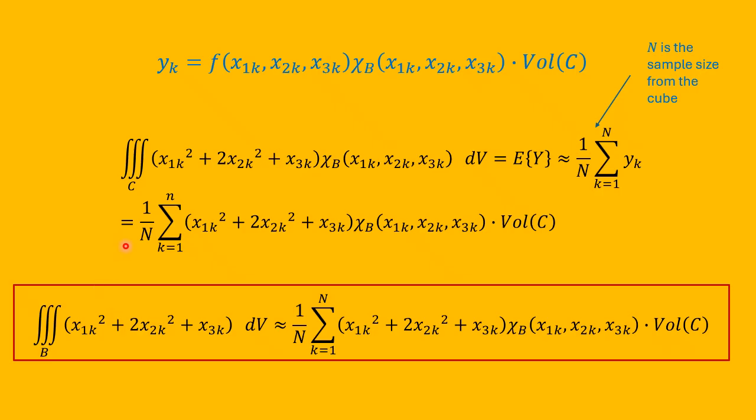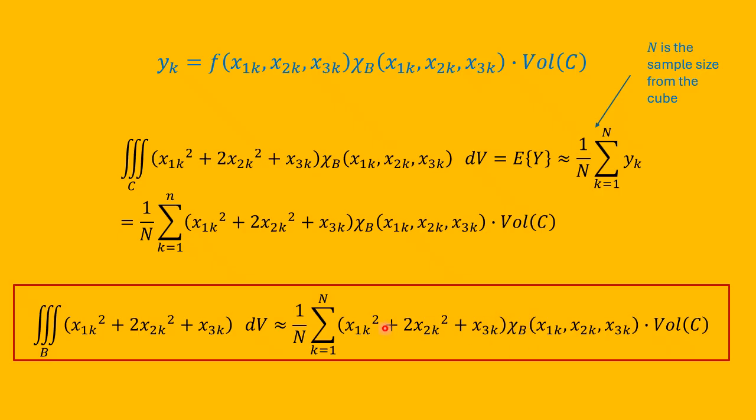So what we have then is that this integral up here, dV, is approximately equal to 1 over n of this stuff right here. The integral over B of this stuff, the one that we started with before we put in the characteristic function, is basically, approximately by the law of large numbers, the sample mean of the y sub k values.